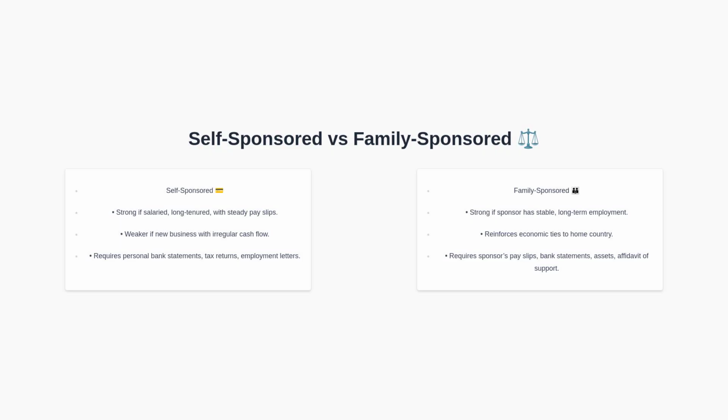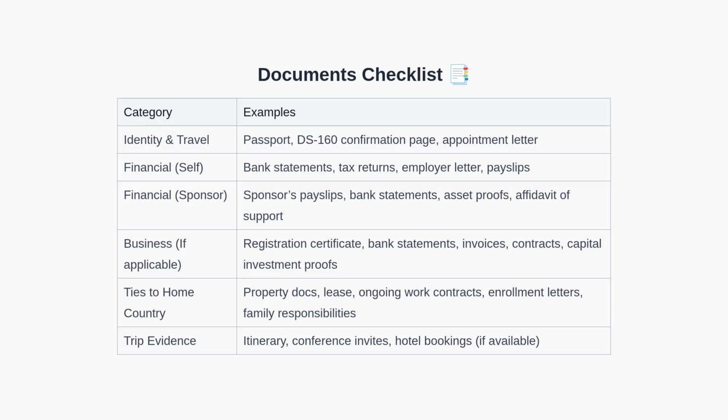Now that we have compared the options, we will present a quick documents checklist. This checklist covers identity and travel documents such as the passport, DS-160 confirmation page, and appointment letter. Financial documents vary depending on whether you are self-sponsored or family-sponsored. If self-sponsored, include bank statements, tax returns, employer letters, and payslips. If family-sponsored, include the sponsor's payslips, bank statements, asset proofs, and an affidavit of support.